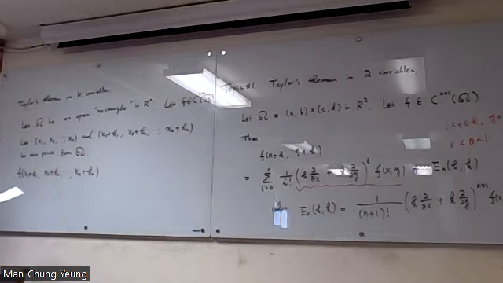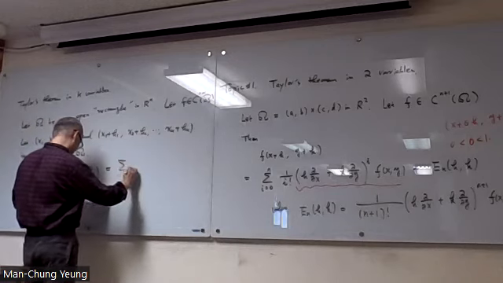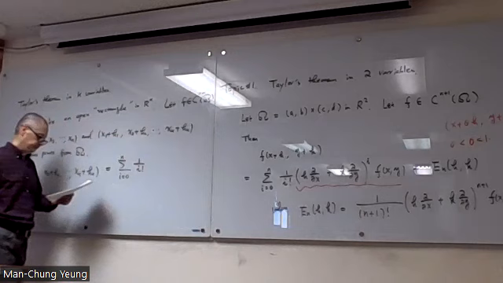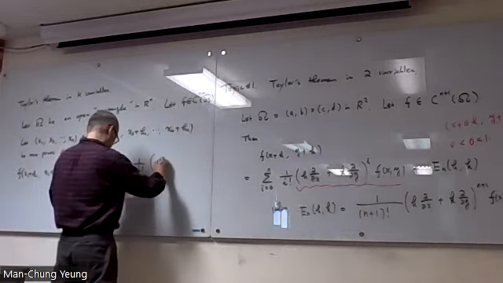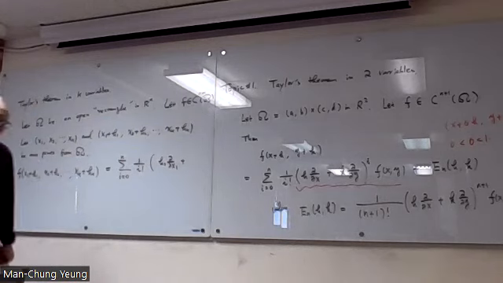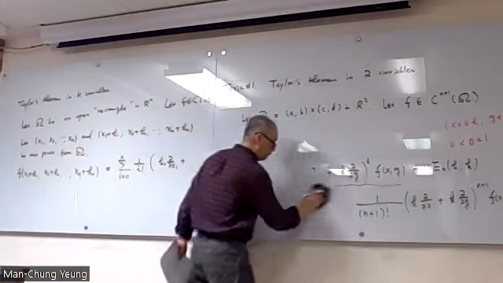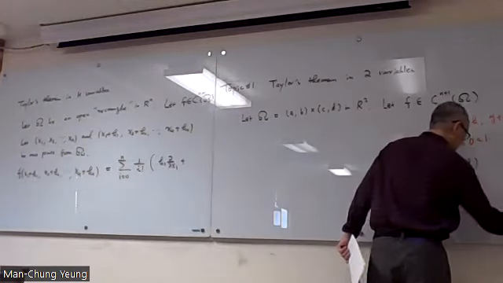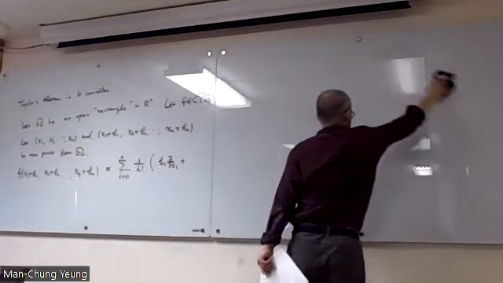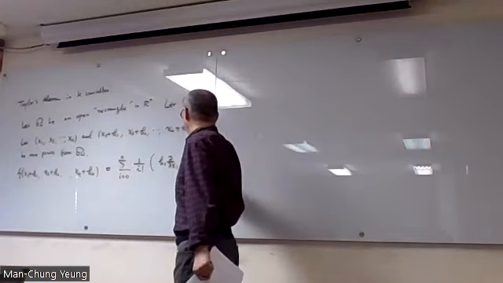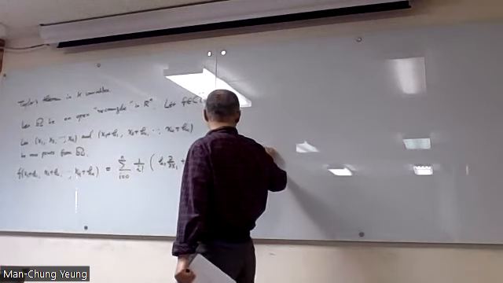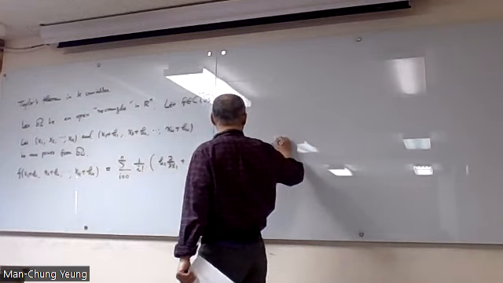I can expand this into polynomials: summation I from 0 to n, 1 over I factorial, then times h1 partial x1 plus h2 partial x2, ..., hk partial xk, then the power is I. Very simple.